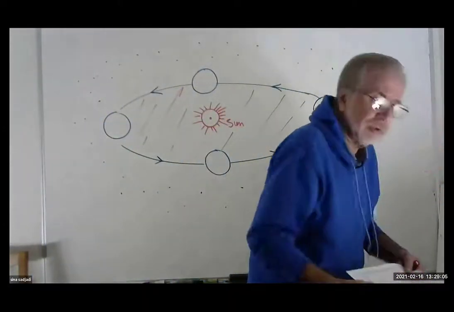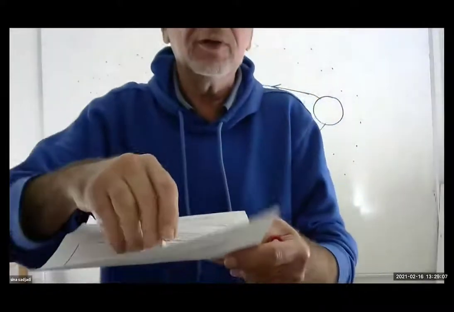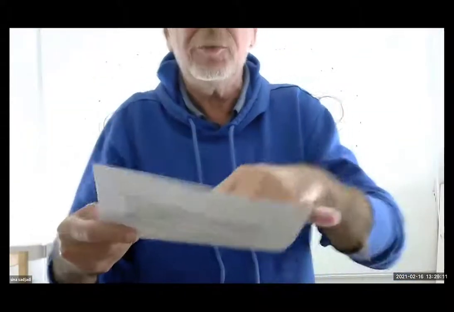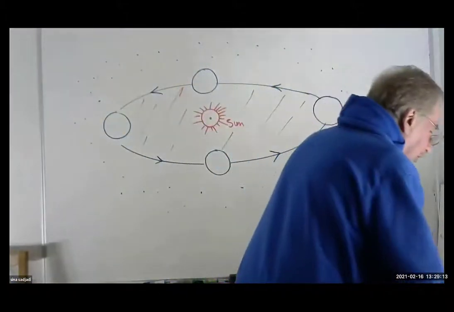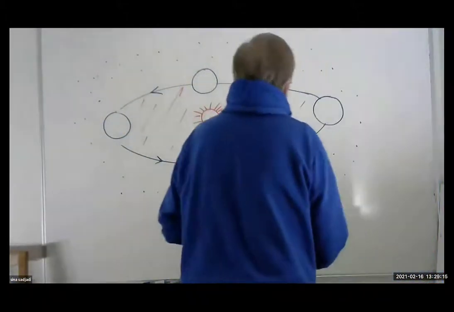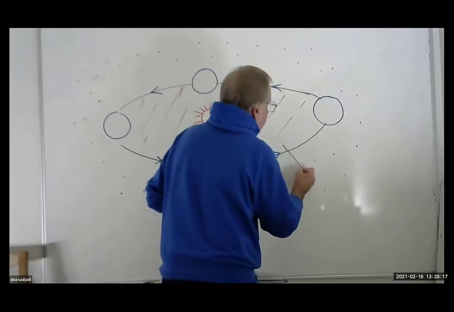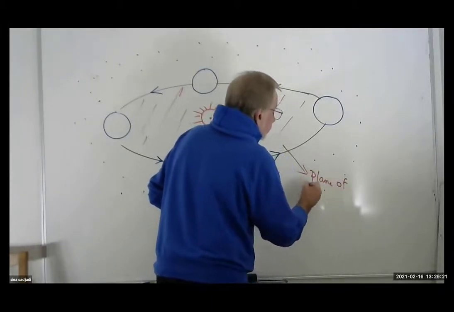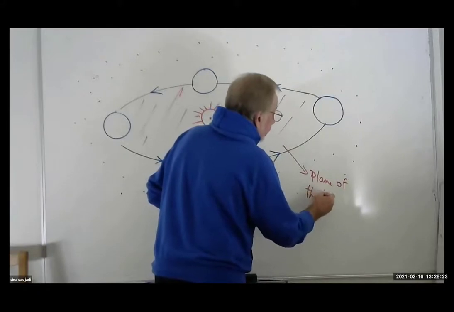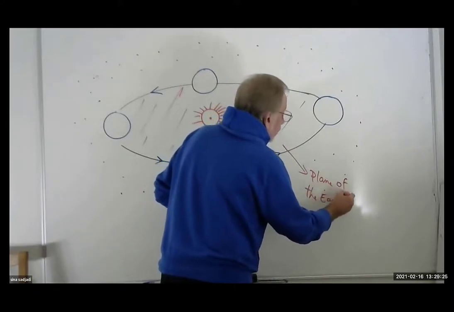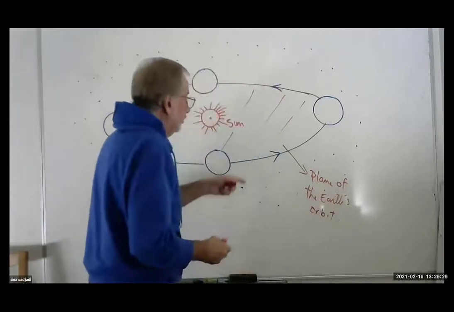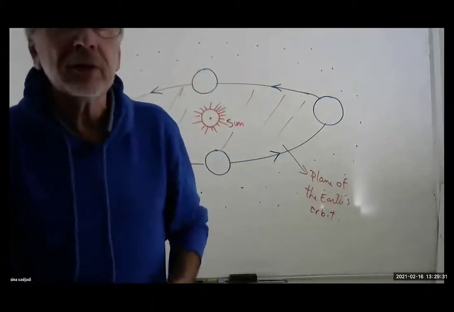This sheet of paper is the plane of the Earth's orbit. That's what they call it. All right, so there's the Earth's plane.